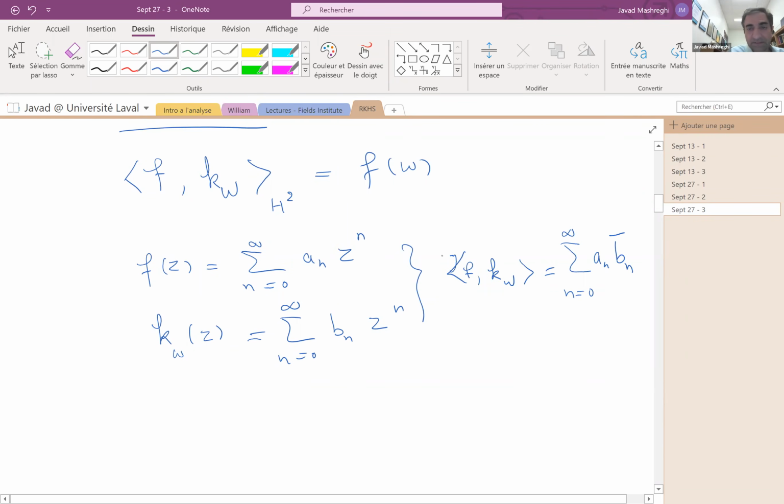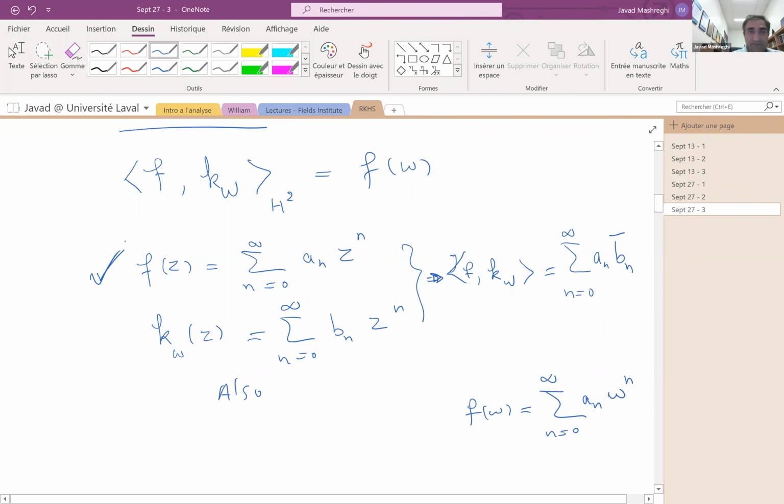That's one formula. But on the other hand, I also know that f at the point w is the sum n from 0 to infinity of a_n w^n. It's the same formula as here, but I replace z by w.